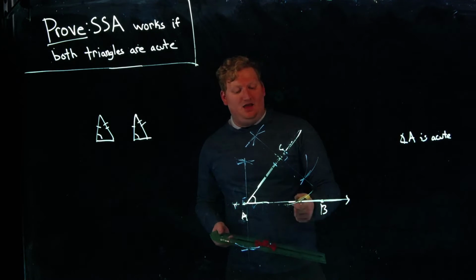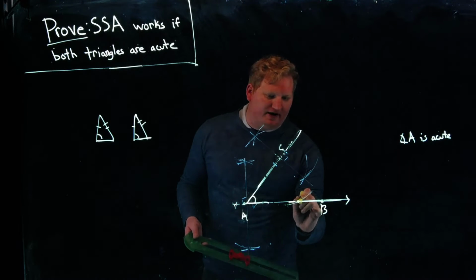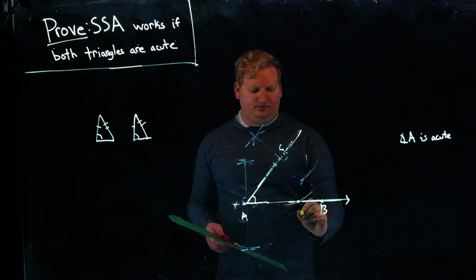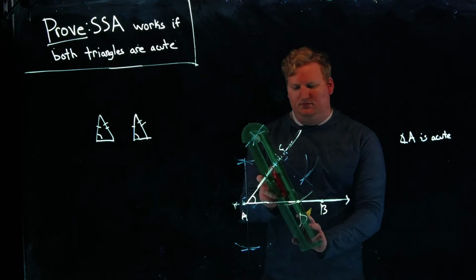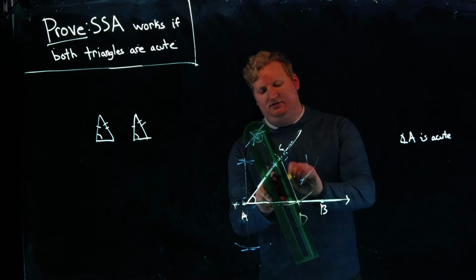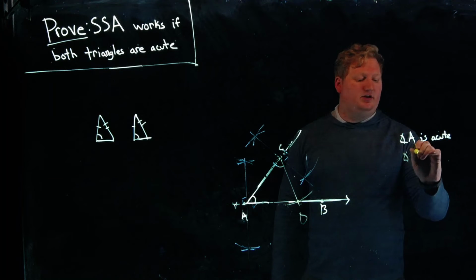Since we can't move AB because we have our angle right here, we have a nice little point right here that we can use as our final angle, and call this one D. Draw a straight line from C to D. And we know that C is now acute.